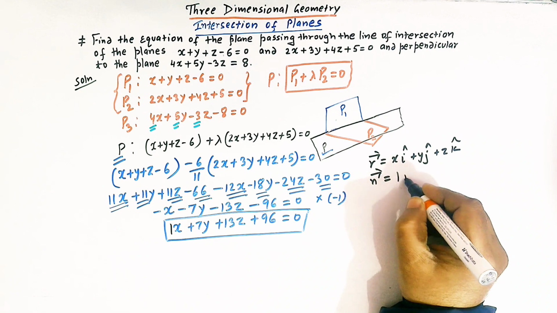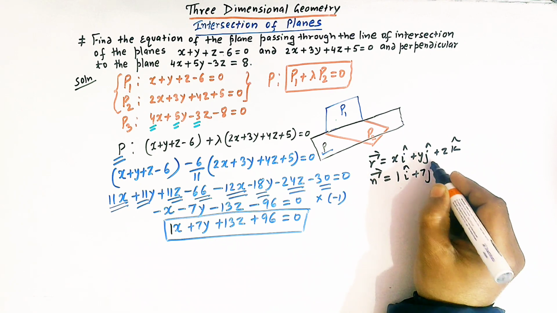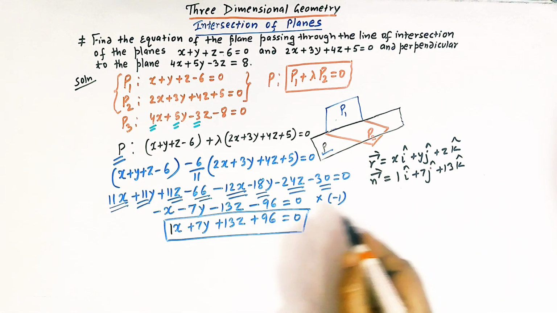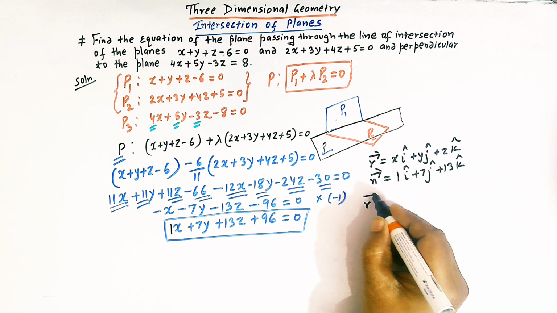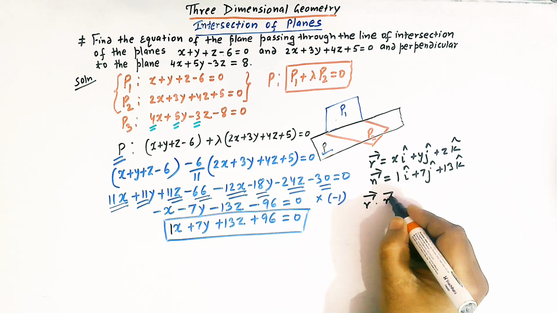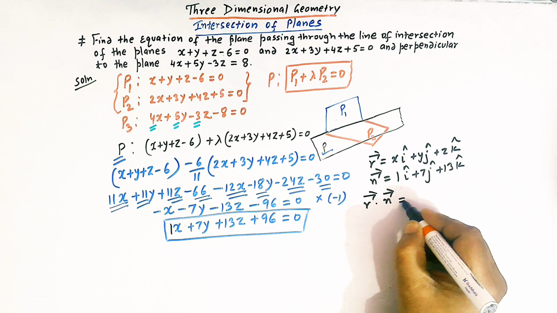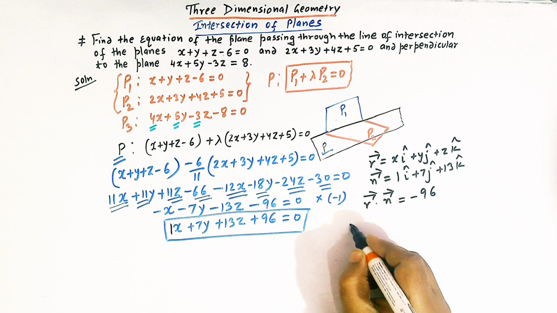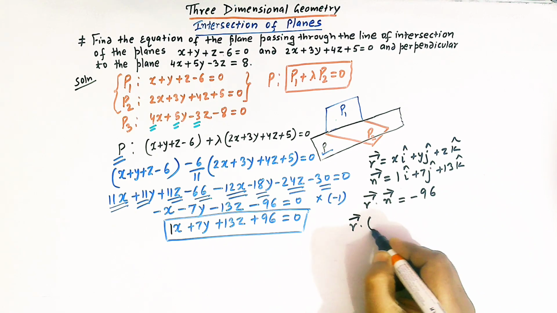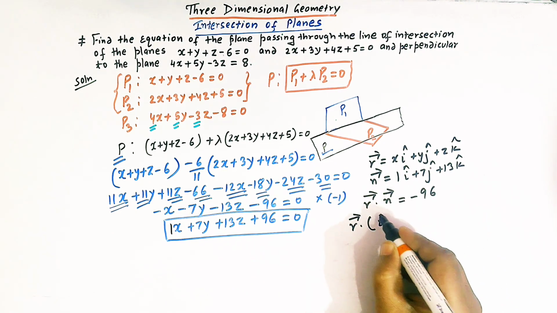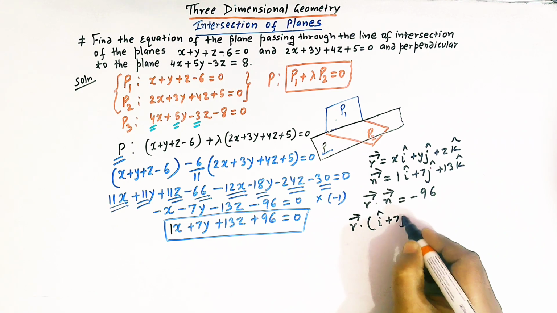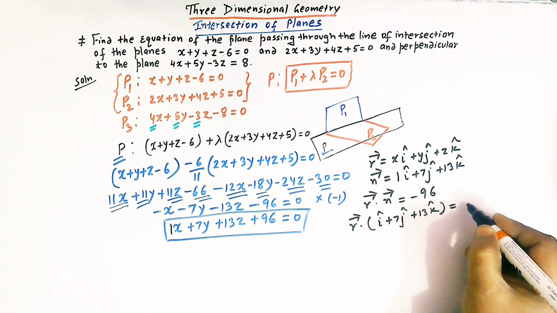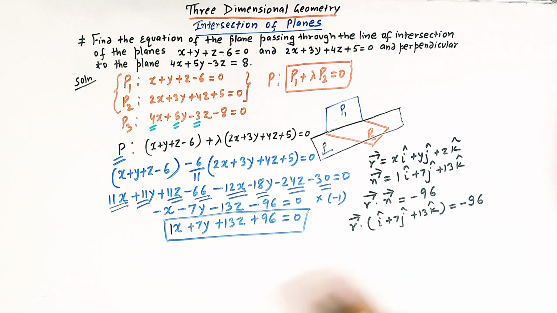So we have i cap plus 7j cap plus 13k cap, and we can now write this Cartesian equation as vector r dot vector n is equal to minus 96, right? So we can now write vector r dot, and this vector n can be written as i cap plus 7j cap plus 13k cap, is equal to minus 96, right?